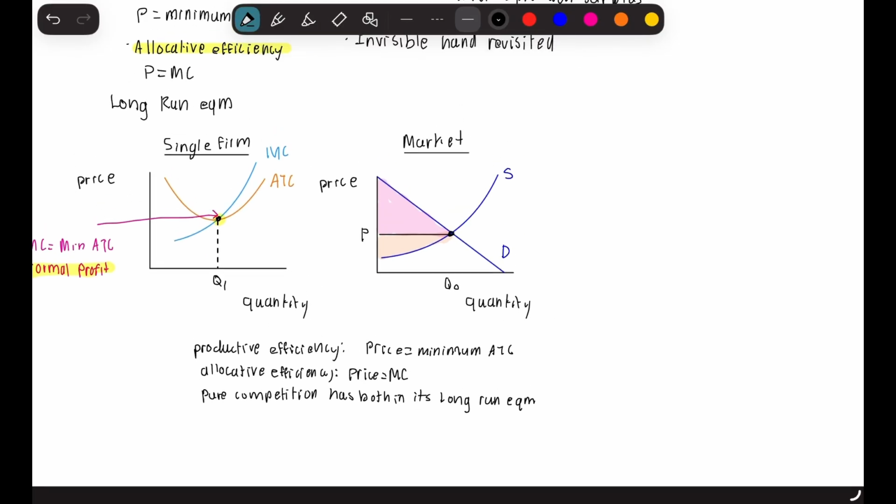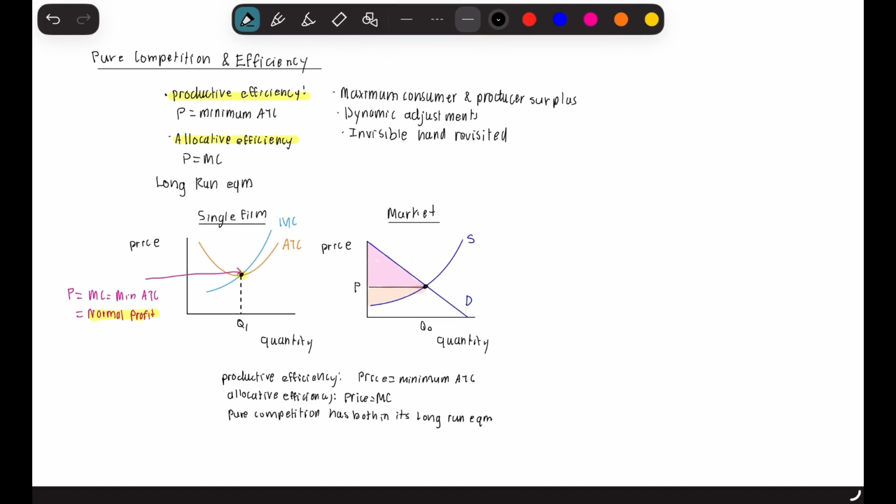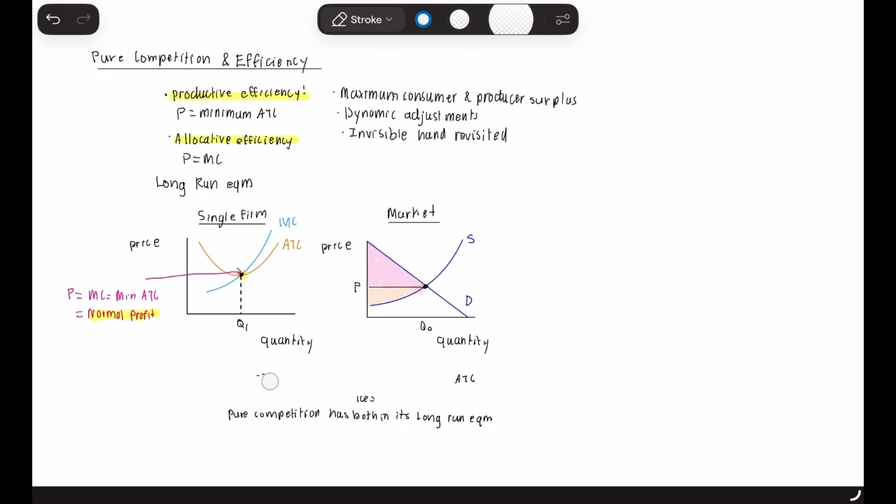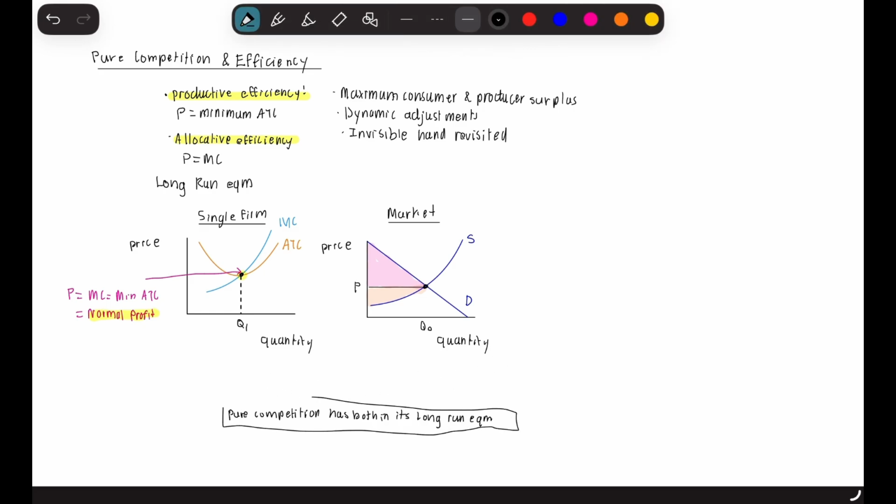And here we see the market. The supply is curved and the demand is linear. We see that point and that quantity. Productive efficiency is when your price is equal to the minimum ATC, and allocative efficiency is when your price is equal to the MC. So perfect competition will have both in the long run.